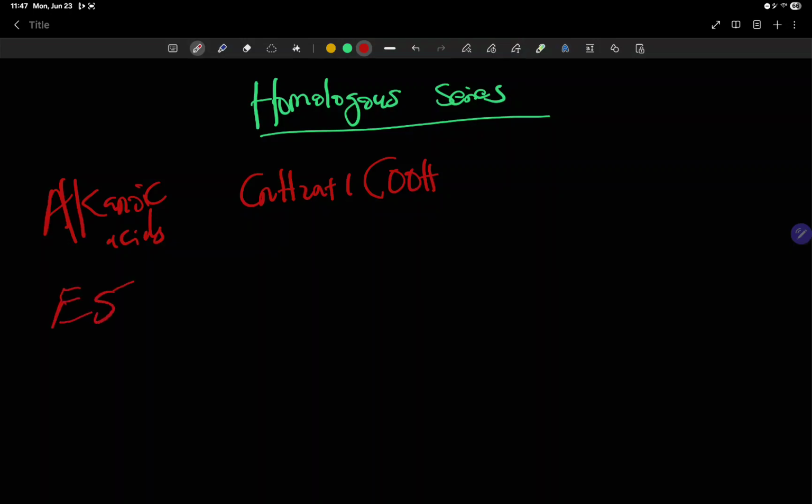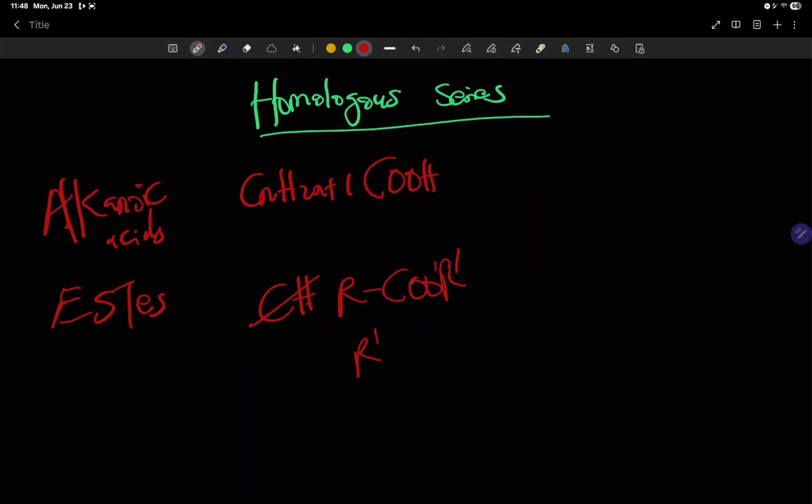Then we have the esters. The esters have a general formula, let's use R COO R prime, where R prime means the alkyl group from the alcohol. This R is the alkyl group attached to the carboxylic acid.